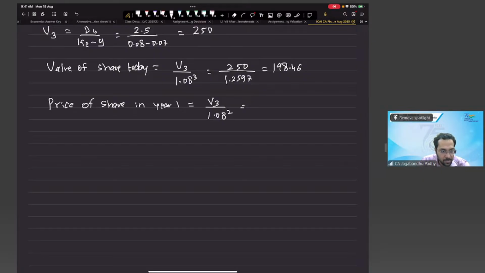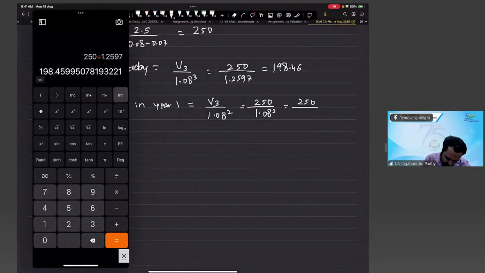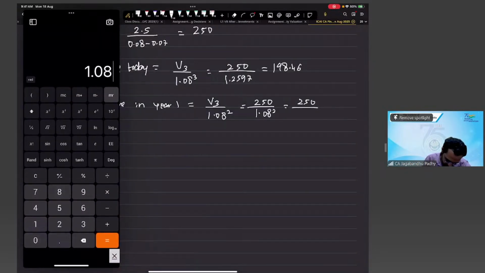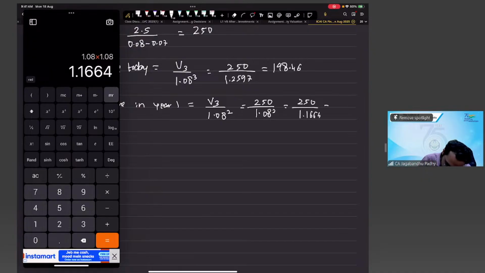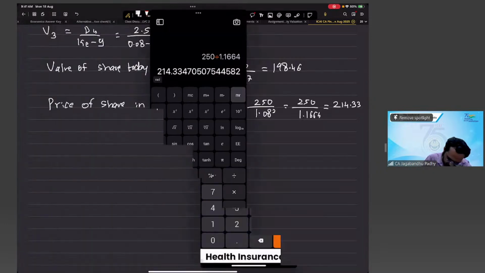So price in year 3 divided by 1.08 raised to 2. So this is 250 upon 1.08 square. So 250 divided by 1.08 square, which is 1.1664. 250 divided by 1.1664 is 214.33.